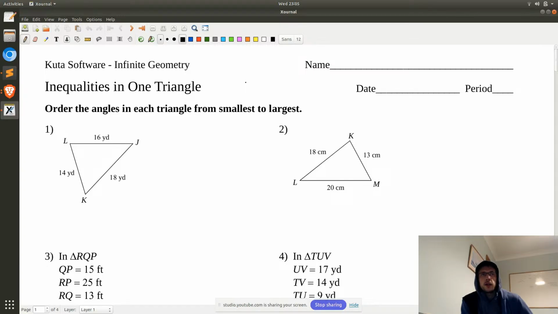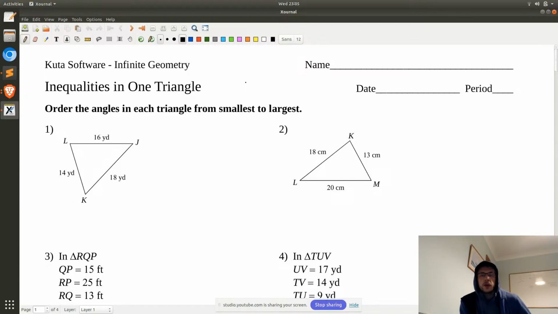Notice that 90 degrees, which is the largest angle, is opposite the largest side. And 53.13 degrees, which is down in the bottom left-hand corner, that's the second largest, and that's opposite the second largest side. The second largest angle is opposite the second largest side.